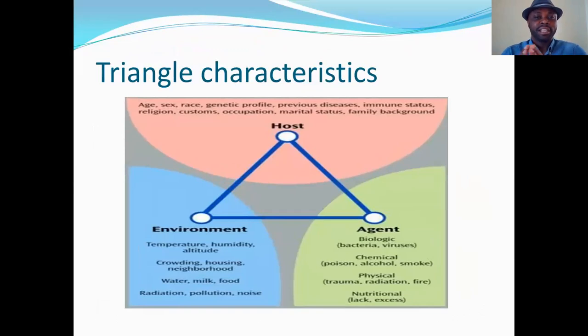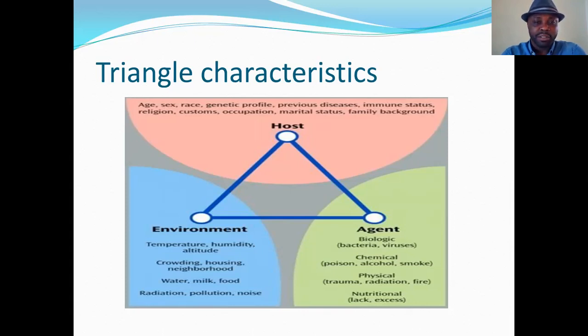Now, there's what we call triangle characteristics. What are the characteristics of the components of that triangle, the host, the environment, and the agent? Looking at the host, the characteristics include the age of the host, the sex, the race, genetic profile, previous disease, and immune status.